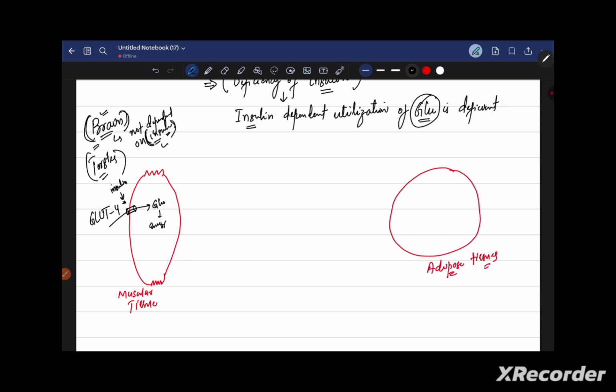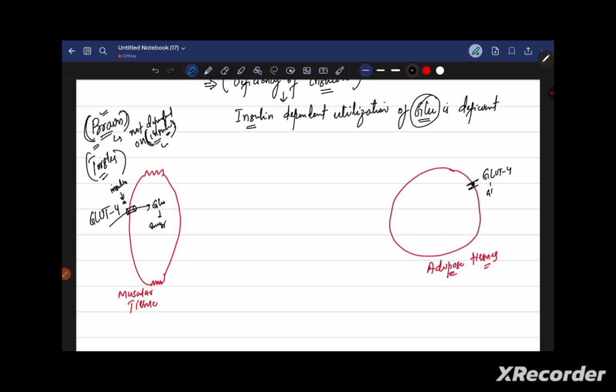This is the normal mechanism. Similarly, adipose tissues have GLUT4 receptors, meaning they are sensitive to insulin, and in the presence of insulin they take in glucose.